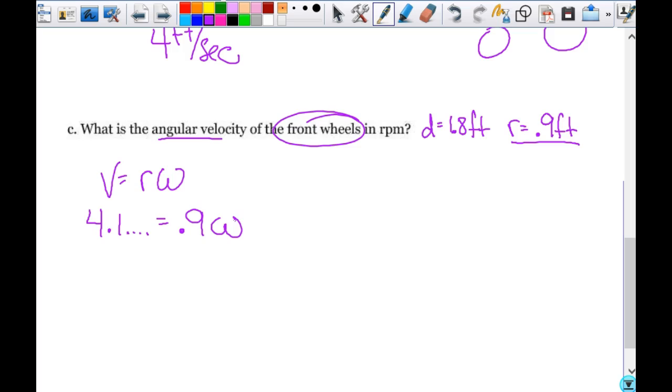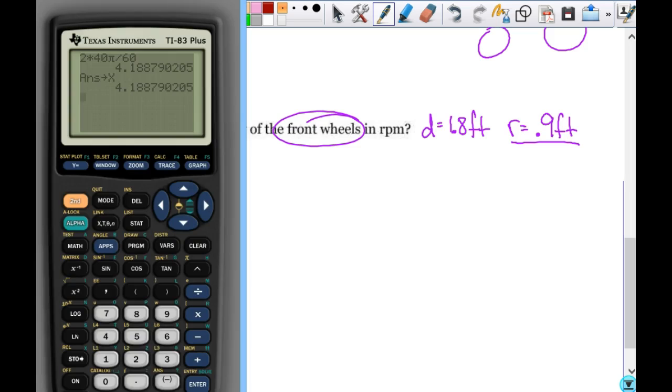Right? So all I have to do is, as long as I didn't hit clear, divide both sides by 0.9. So if I take what I have here, and I divide this by 0.9, that is my angular velocity. And so this is W equals 4.65.